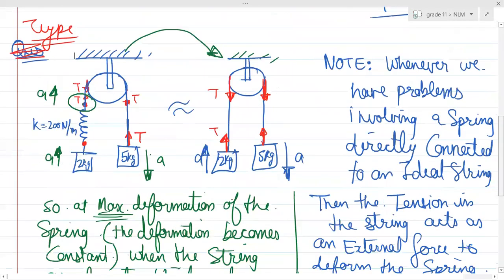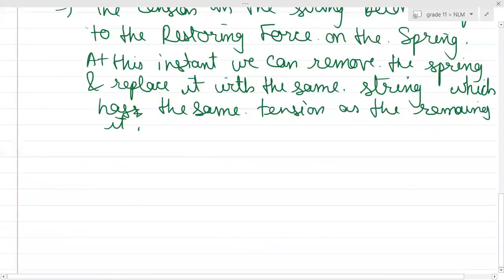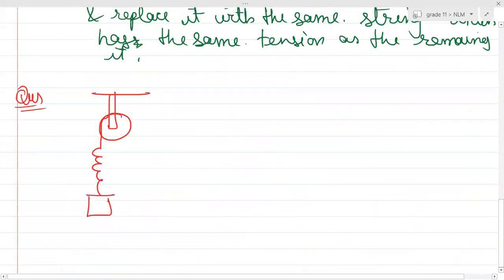So, anyways, shall we give you questions now, guys? Is this concept clear? Suppose you have an Atwood machine, with a 3 kg block and a 7 kg block.